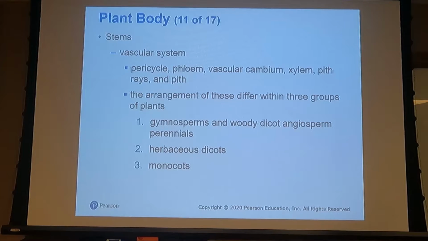Our vascular system, if you can remember back to that just a few slides ago, the picture of the roots, we have the pericycle, the phloem, which transports photosynthetates from the leaves to the roots.